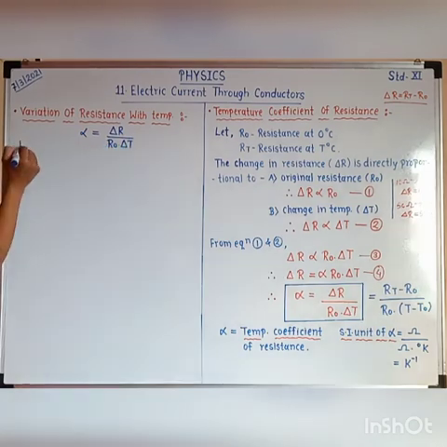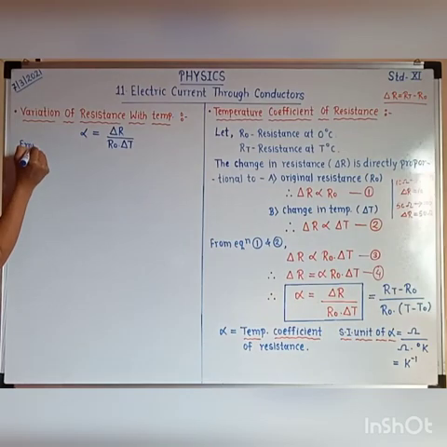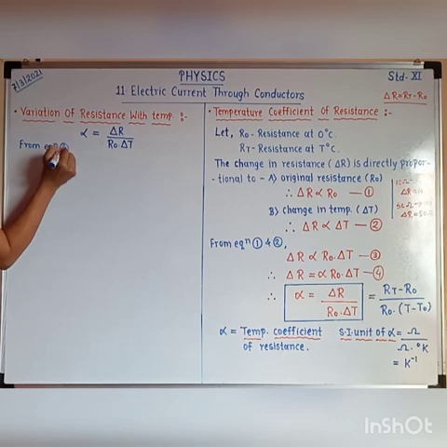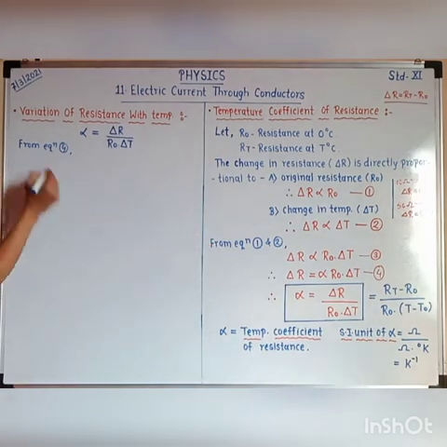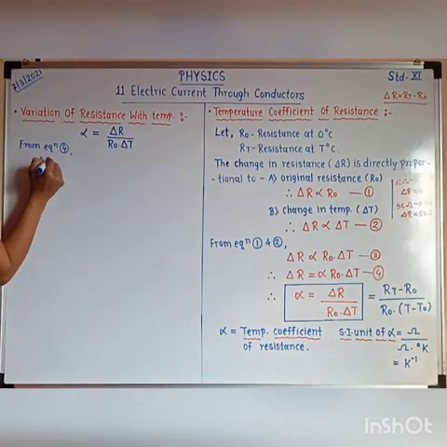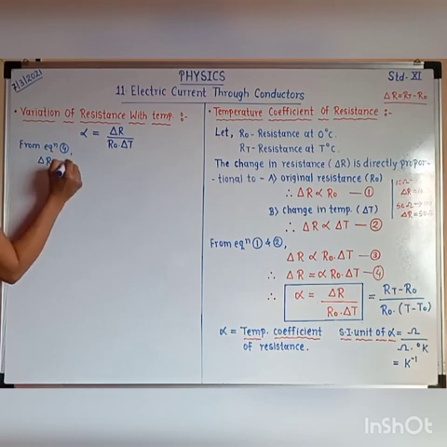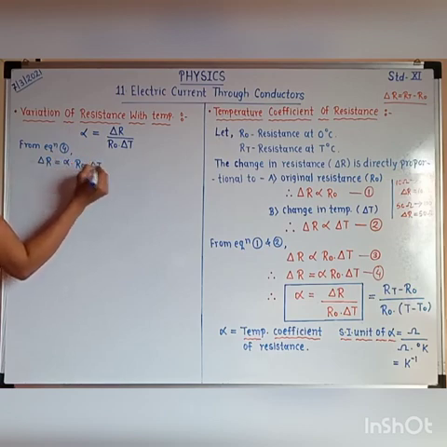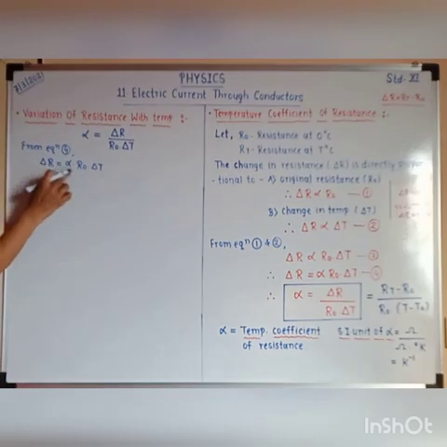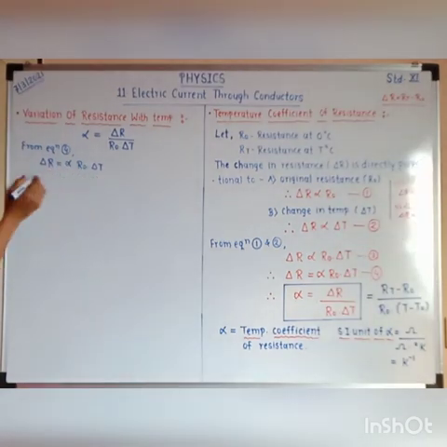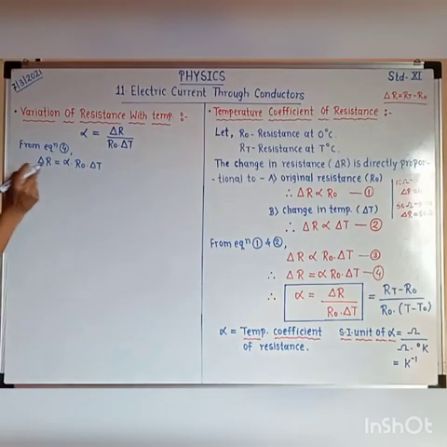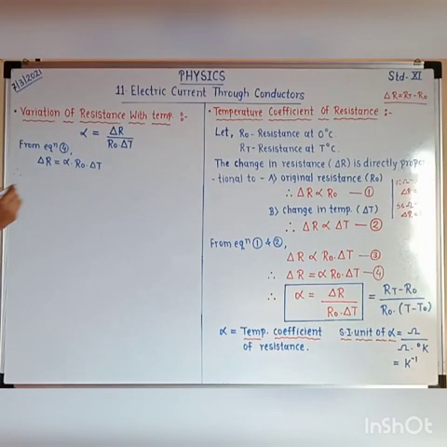Now from equation number 4, what is your equation number 4? That is delta R is equal to alpha into R0 delta T. Now this delta R is nothing but the change in resistance.